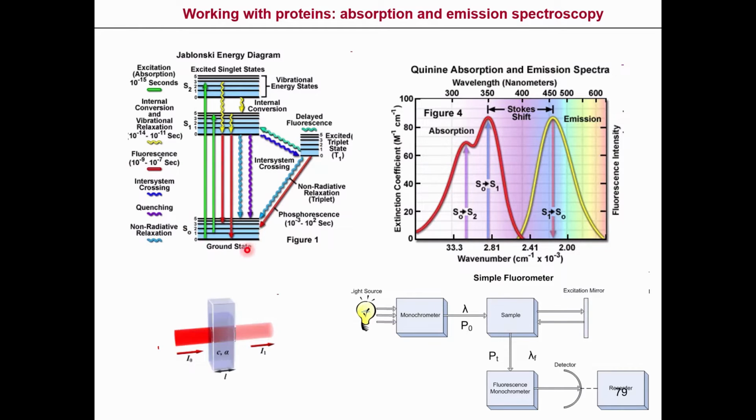Here you have the ground state and the first excited state, the electronic states. In absorption spectroscopy, you have a transition between the ground state and the excited states.